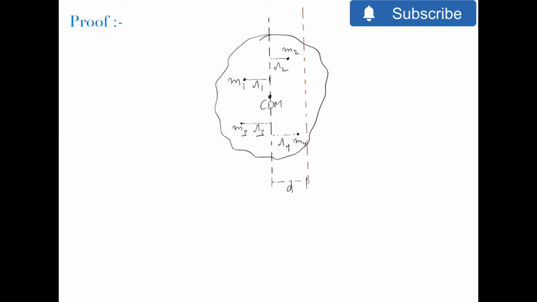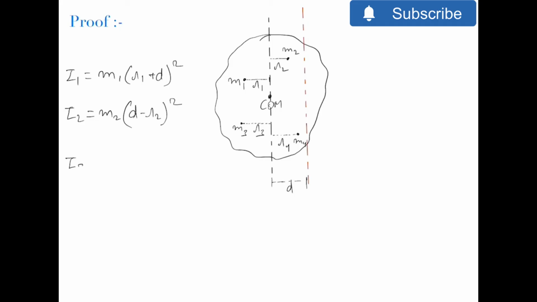So first of all, let us write down the individual formulae for the moment of inertia of these masses about that red axis. So I1 is the moment of inertia for the first mass m1, and you can see the distance of the first mass from this axis is r1 plus d. So this is m1 into (r1 plus d) whole square. Now I2 is for mass m2, and its distance would be d minus r2. So this is m2 into (d minus r2) whole square.